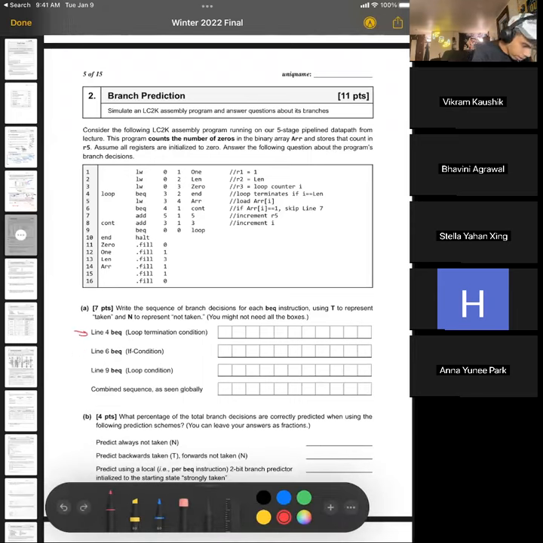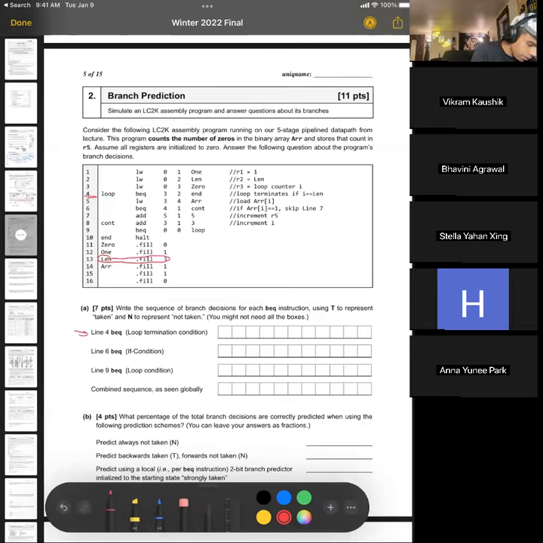Looking at the line 4 BEQ, what is this BEQ doing? This is the main loop. This branch instruction checks every iteration whether we are bigger than the length size, right? Our array is 3 large.